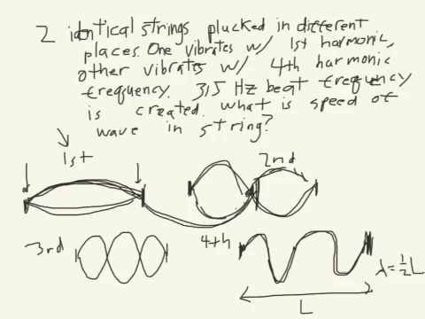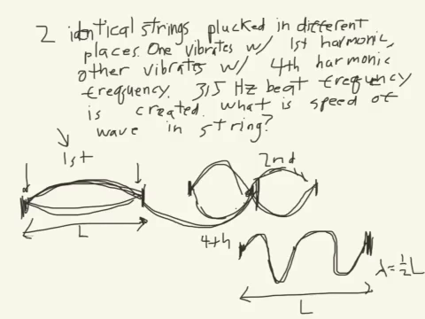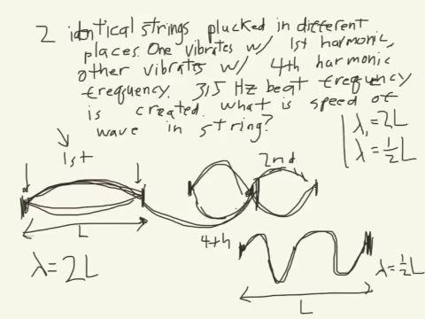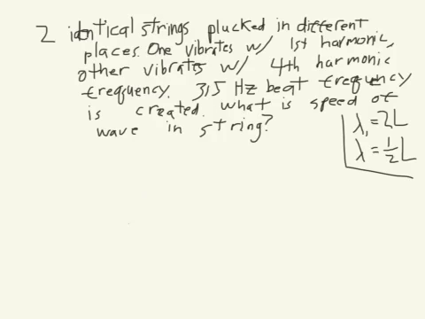So the full wavelength would be this far, but within the length of the string there's only half of a wavelength contained. So that means that this fundamental wavelength here of the first harmonic is twice the length of the string. And I'm going to catalog what we know up here, and as we figure out what we know, we can get closer to answering our question.